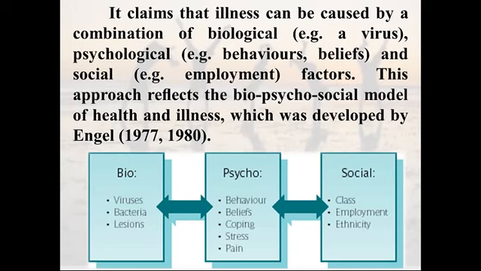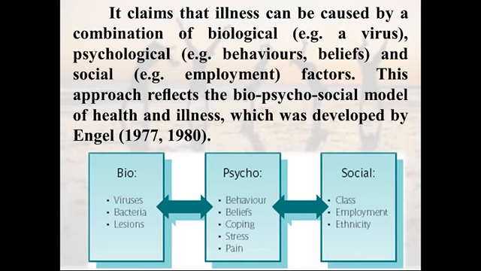All these things come under the psychological domain. And social factors. This means the area where you stay, your society, your type of employment, your socio-economic status, how your interpersonal relations are. All these are the three things, that is biological, psychological and social factors. They interact and combine together and cause illness. This is the idea of health psychology.